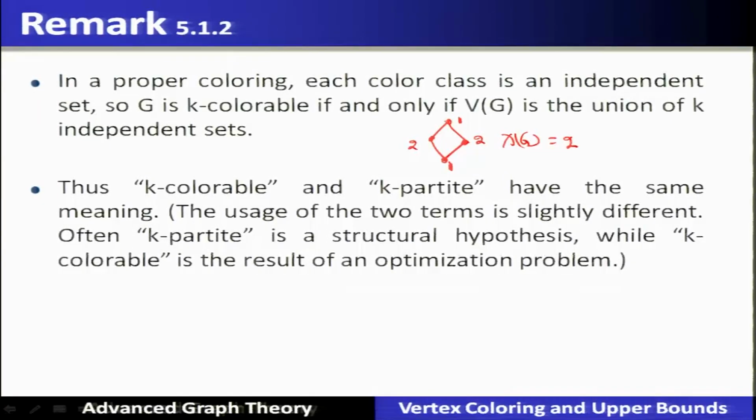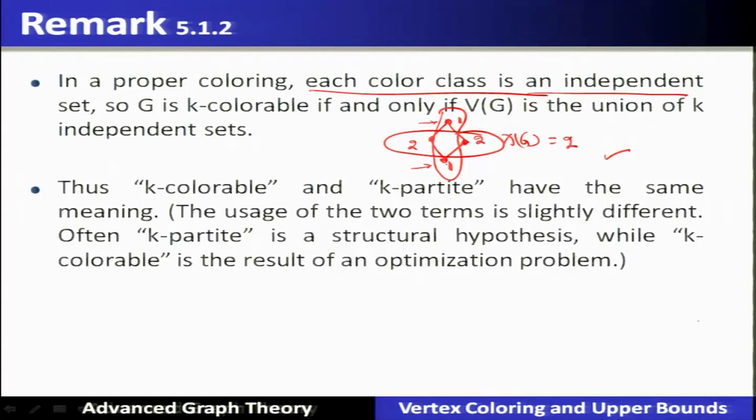So, we can partition the vertices into color classes. All the vertices having the same color form an independent set. Why? Because they do not have any edge. If they had an edge, or were adjacent, then they could not receive the same color. Hence, each color class represents an independent set. Here this particular graph has 2 independent sets, because its chromatic number is 2.